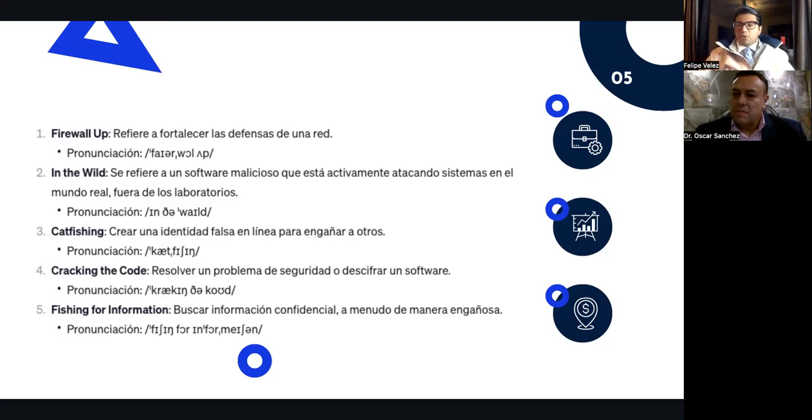So every time you want to say Secretaría de Relaciones Exteriores, it is Foreign Ministry of Affairs. Yeah, I remember that.